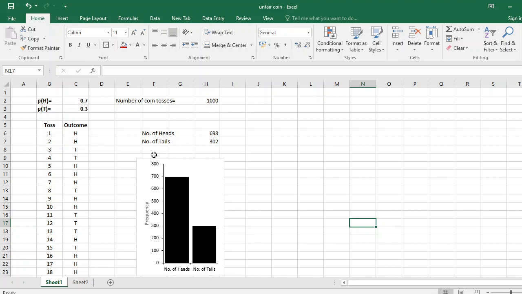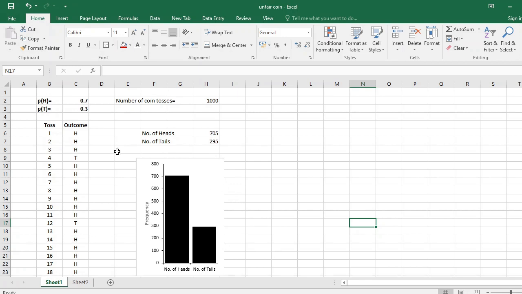And as you can see in the bar graph, the number of heads is far greater than the number of tails, and in each run of this experiment you will see that roughly the number of heads is about 70% and the number of tails is about 30%.